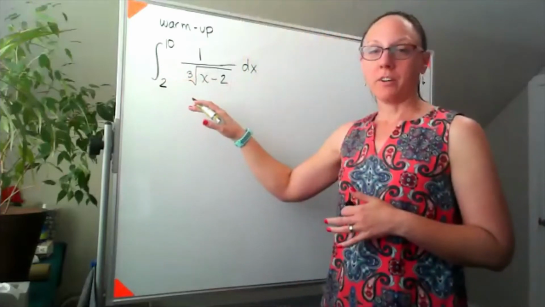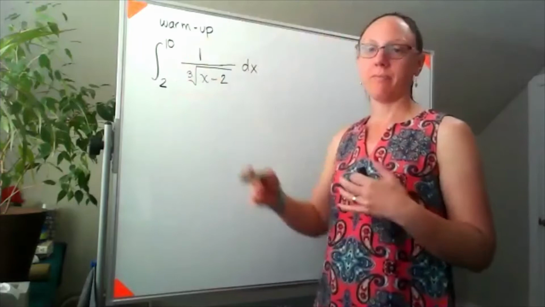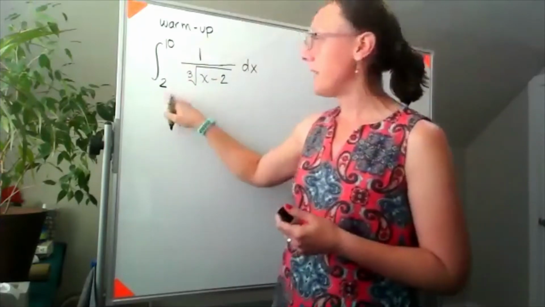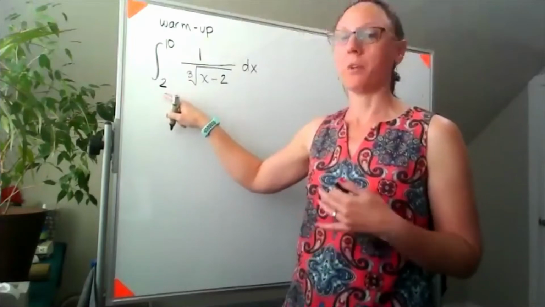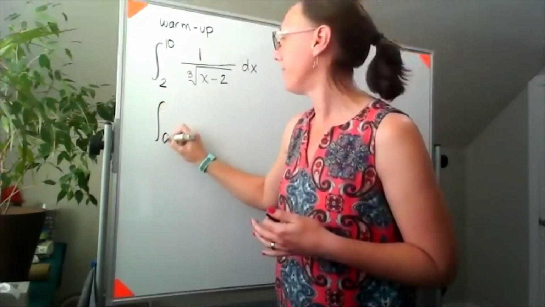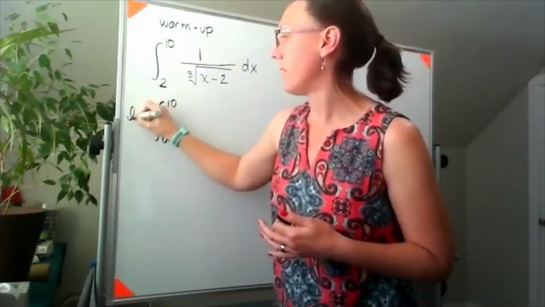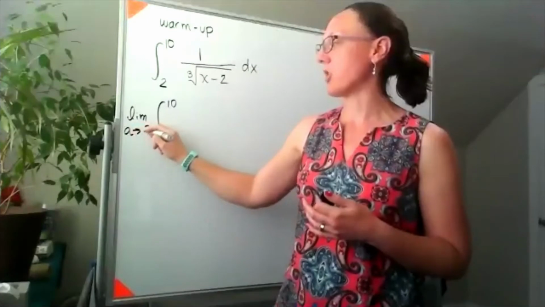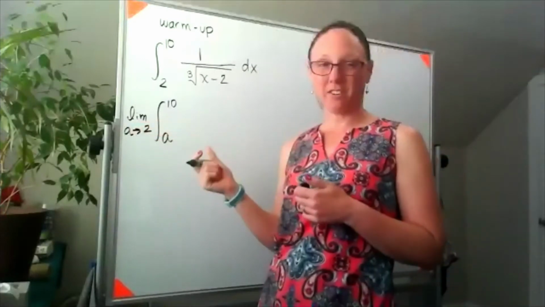The first thing I'm going to do, because it's improper, is rewrite this as a proper integral, meaning this 2 is the problem, and I'm going to replace that 2 with a constant. And then we're going to take the limit as a approaches 2. And there's a subtlety here.